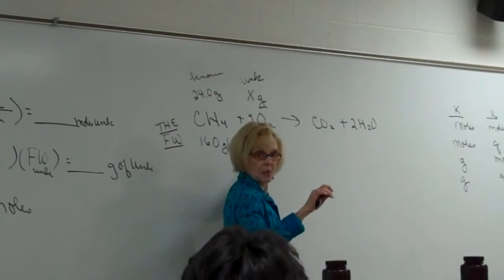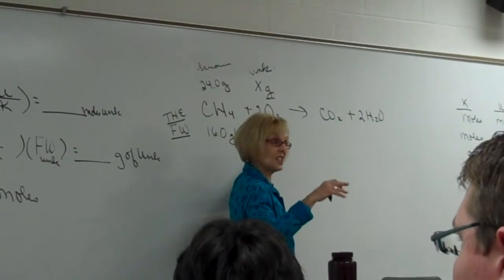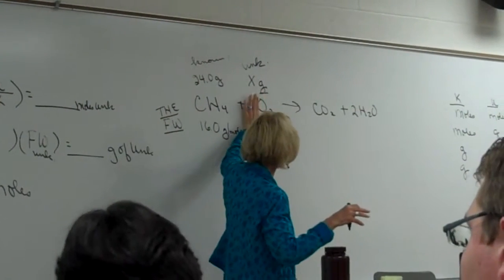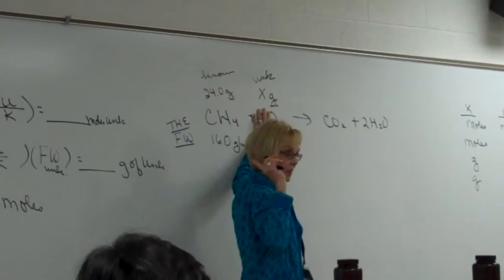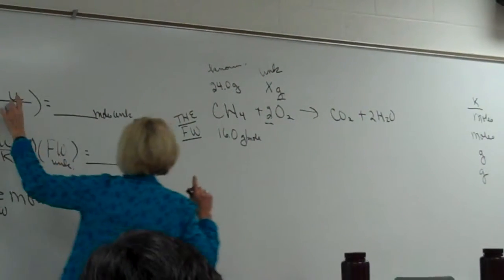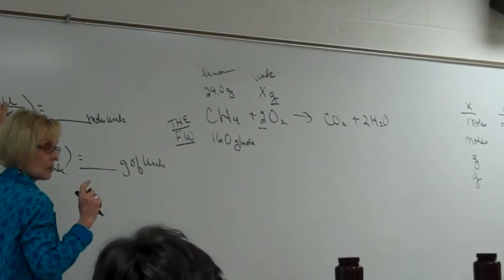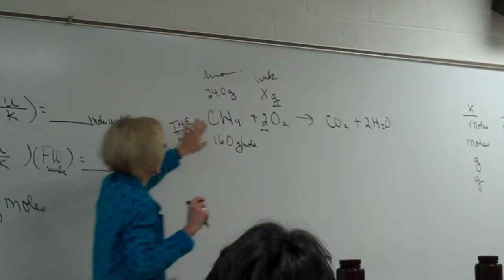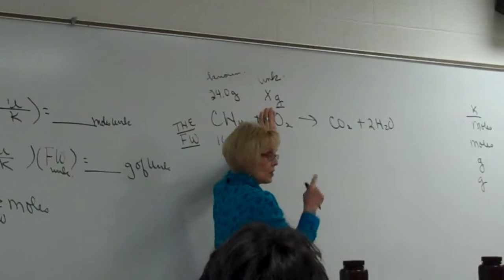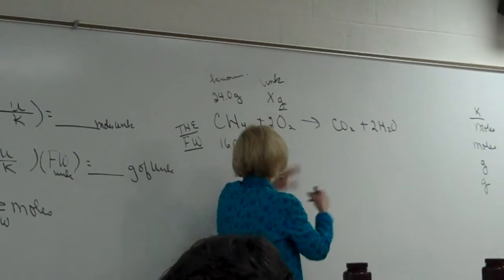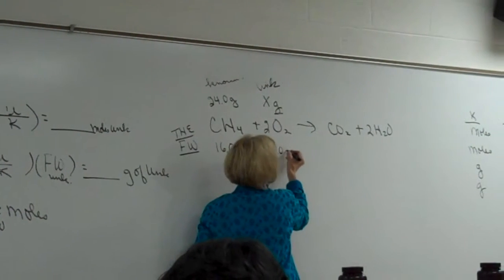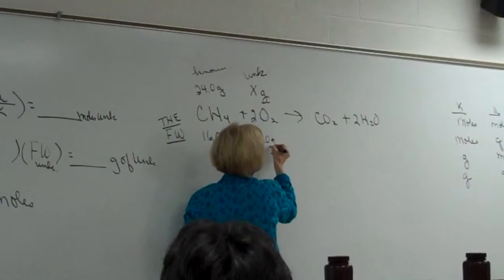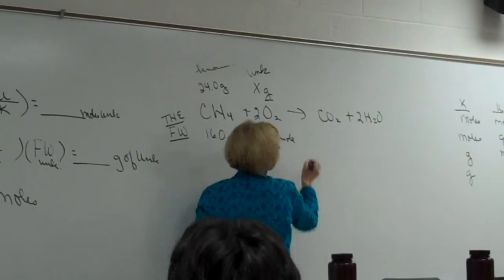Now, I want the formula weight of this. And here's a tricky sticky point for some folks that have learned a different technique in high school. We're ignoring the 2 out front, because in my method, I use those coefficients in the mole ratio and nowhere else. So when I say I want the formula weight, I just want O2. Timothy, what will that be? 32.0 grams per mole.